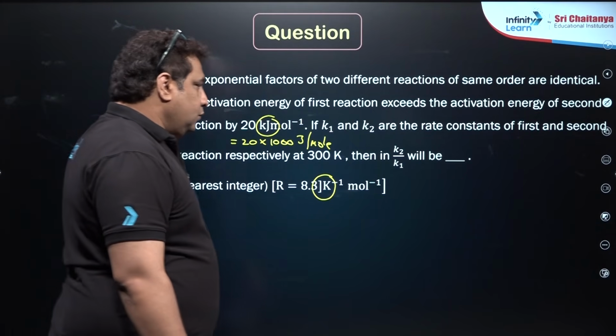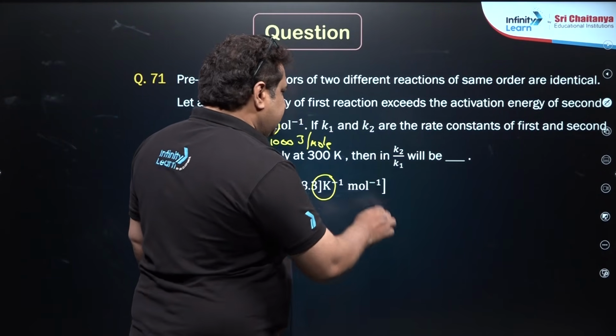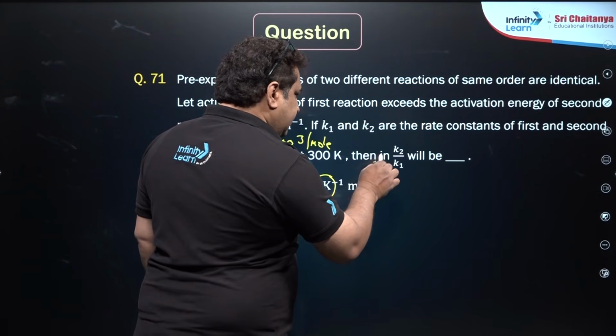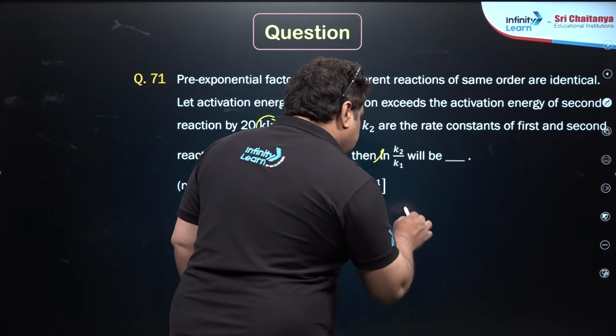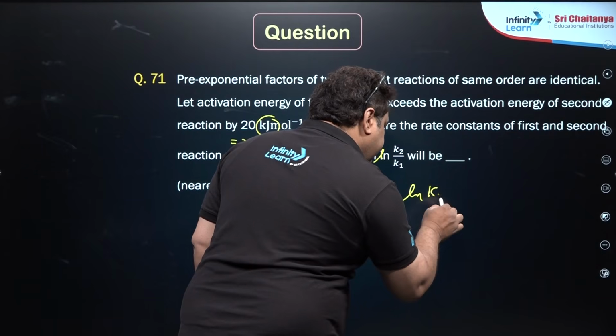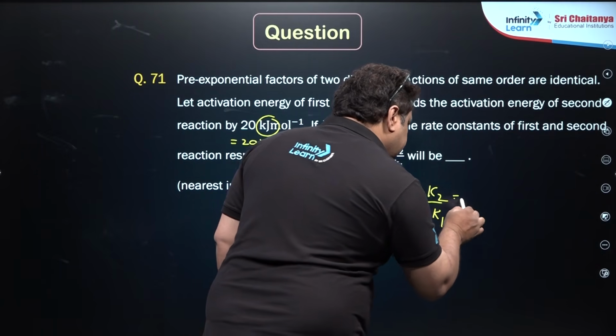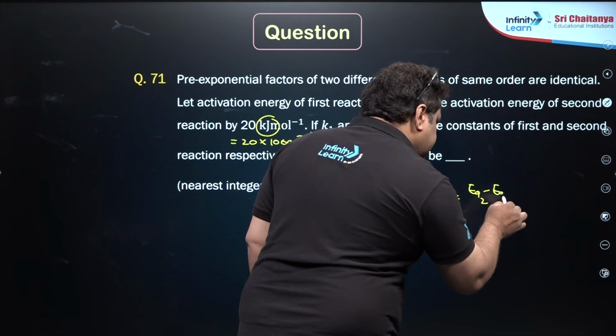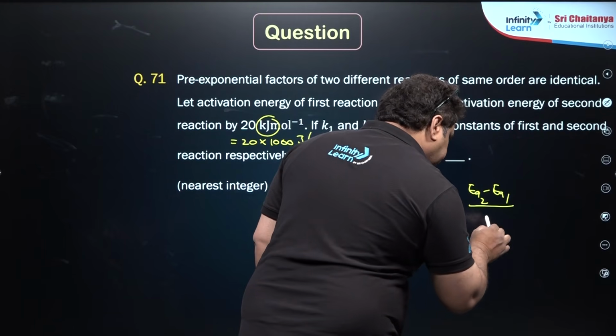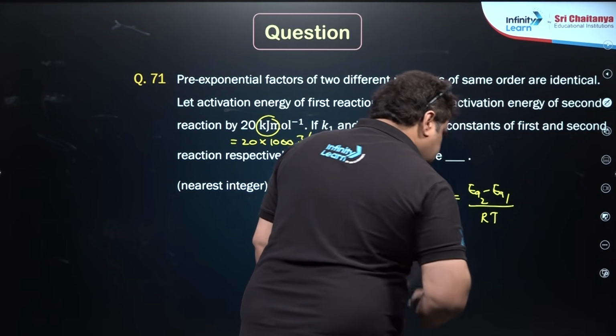Then ln K2 upon K1 should be, I think this is ln, not in. Okay, no problem. So we can write ln K2 upon K1 is equal to activation energy second minus activation energy 1, upon RT.